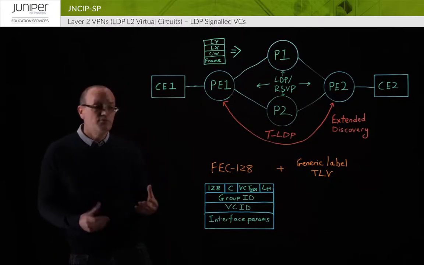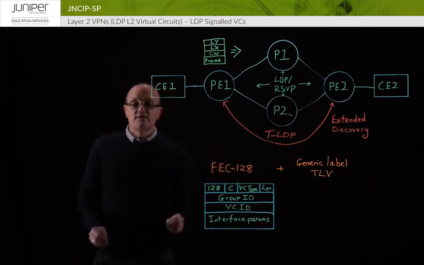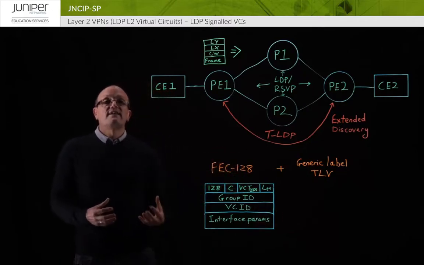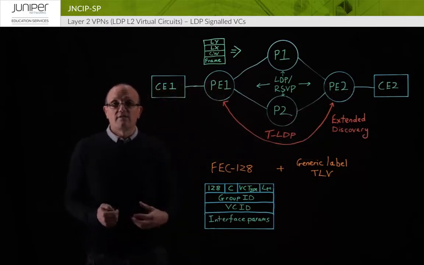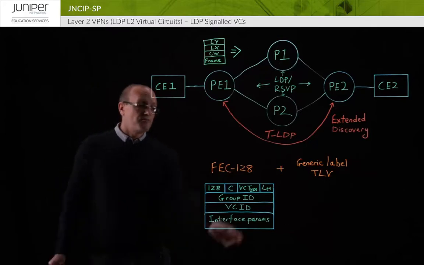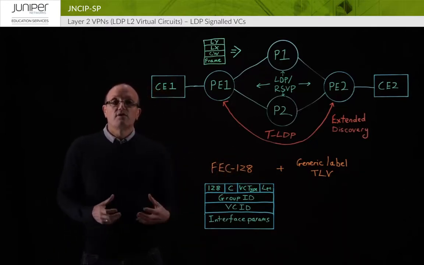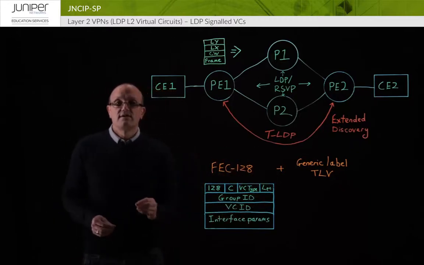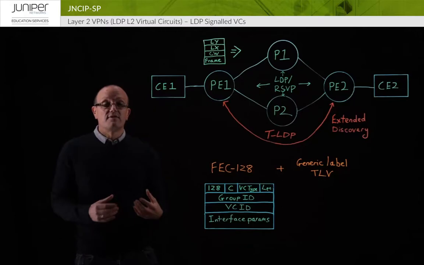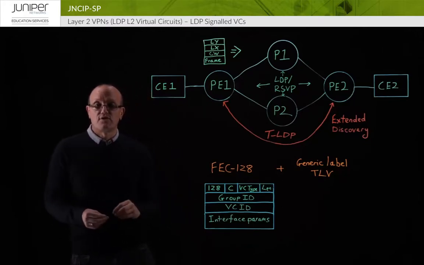So we have a new forward equivalence class, a new FEC, that we use to identify virtual circuit endpoints. For this purpose, we use FEC 128. So let's have a look at what this message looks like and how it identifies the pieces of information that we need to establish a virtual circuit.